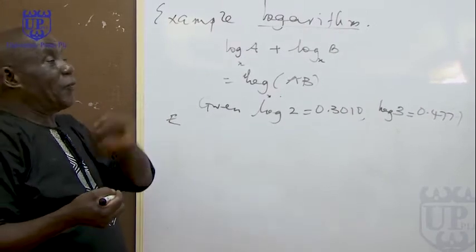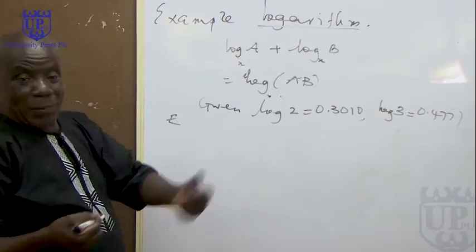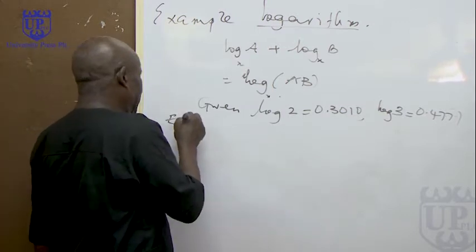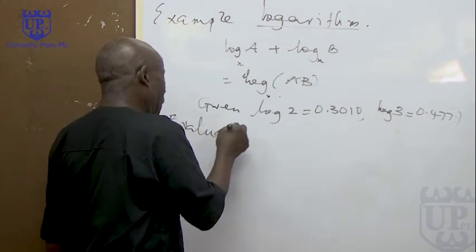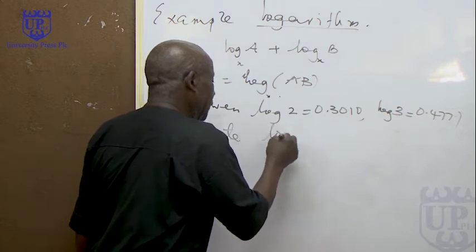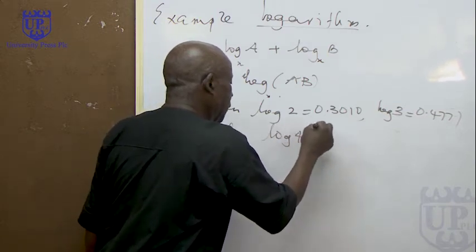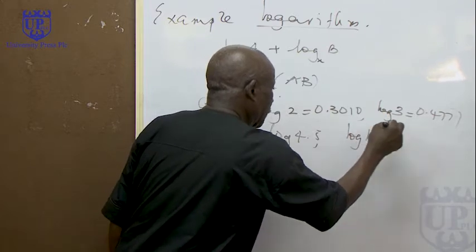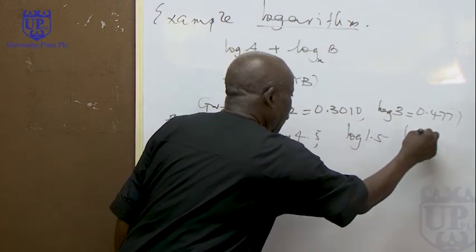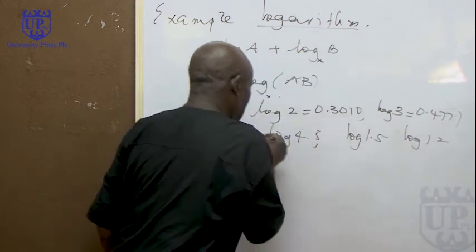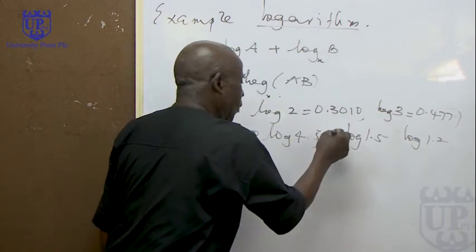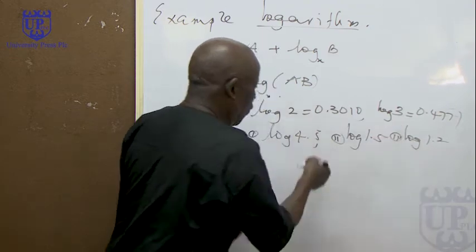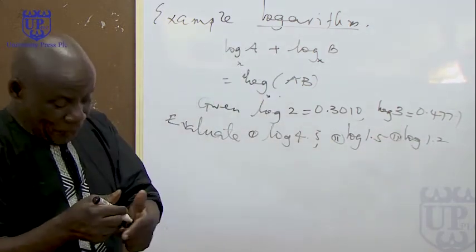Don't refer to your table, don't say I have my own table. No, you have been given. They say evaluate log 4.5, log 1.5, log 1.2. This is the first one, this is the second one, and this is the third one. There are many of them. I only want to do one because of our time.